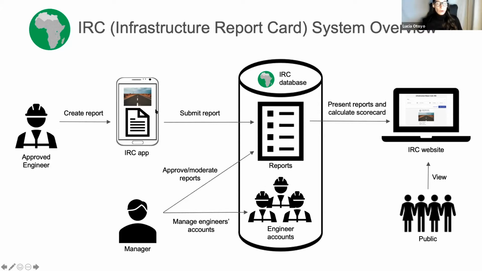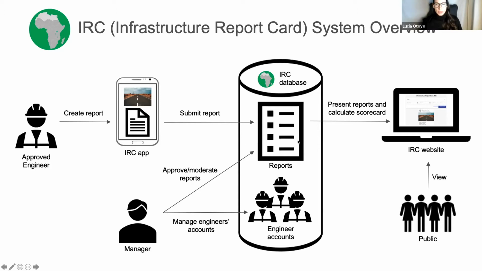The report is created on their own devices. So you can use any mobile device, iPad, any phone. You create the report and then you submit it. At this point, no one can see the report. Only authorized people can view that report. So the report has to be moderated, and this is moderated by managers.